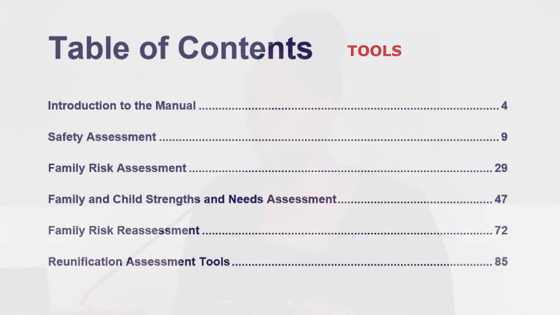So again, the table of contents in terms of the tools. It speaks to the safety assessment and the risk assessment. The risk assessment is a tool that helps gauge the risk of this child being neglected or abused. It goes into 4 categories based on the number: low, moderate, high, or very high. If it's at the investigation level, that rating can stay in any of the first 3, so low, moderate, or high. It can never drop down, but it can go up. Does everybody understand that?